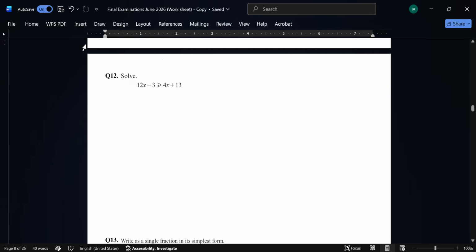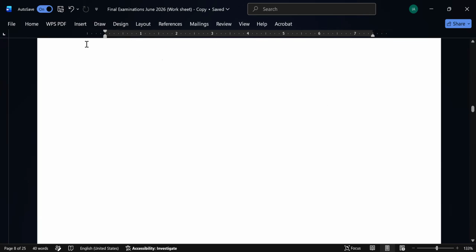Okay, yes, we have an inequality now. We solve the inequality as we deal with an equation. But the important thing is when you solve an inequality, be careful about the variable. The variable should be positive. For this, either you go on the right hand side or you go on the left hand side. It doesn't matter.